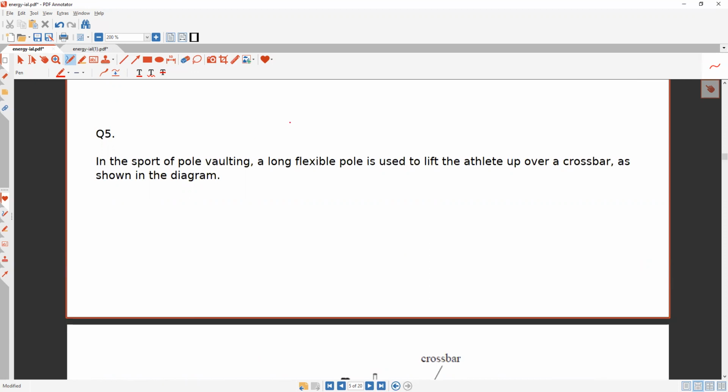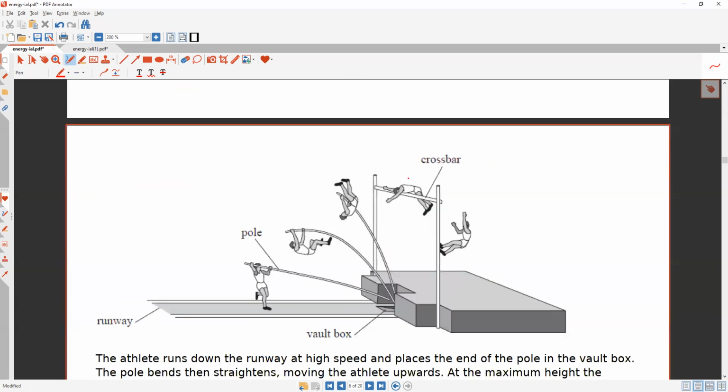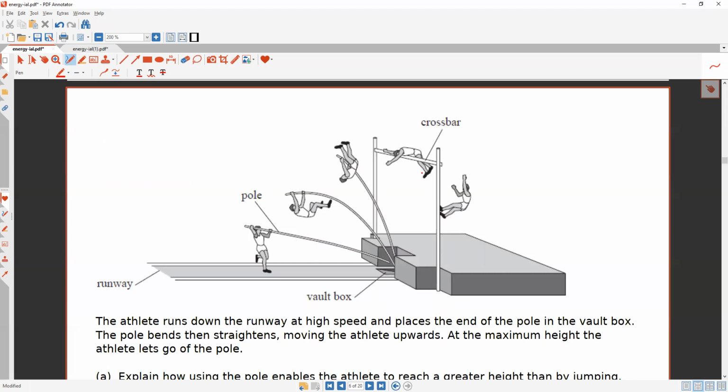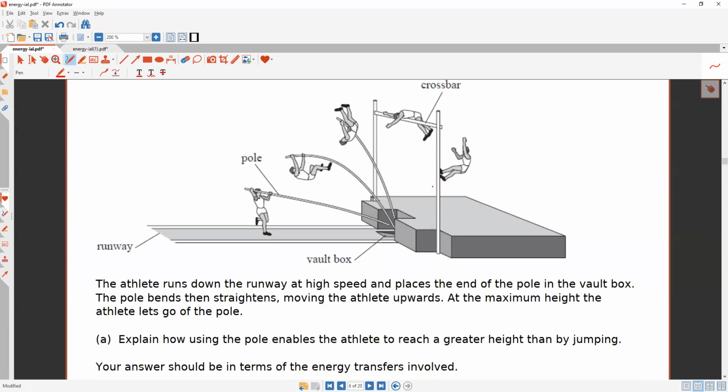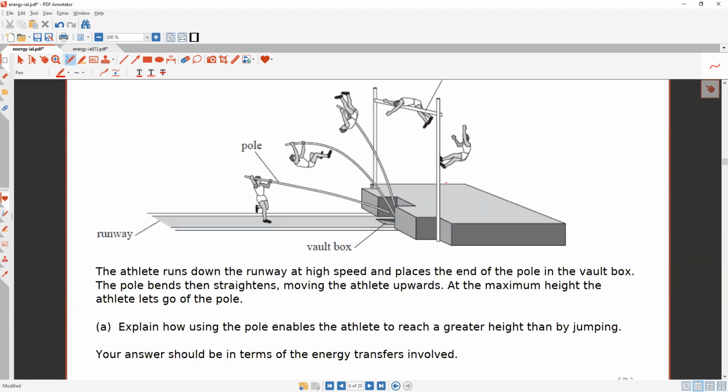In the sport pole vaulting, a long flexible pole is used to lift the athlete up over a crossbar as shown in the diagram. Okay, so as shown in the diagram, you have the pole. It's self-explanatory over here. The athlete runs down the runway at a high speed, and places the end of the pole in the vault box.